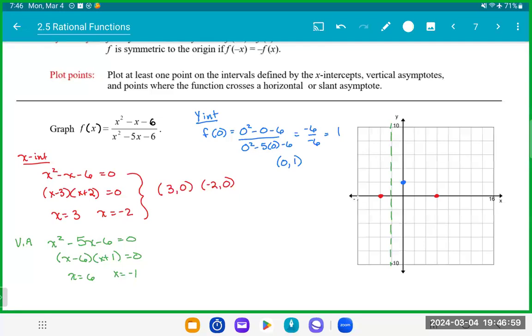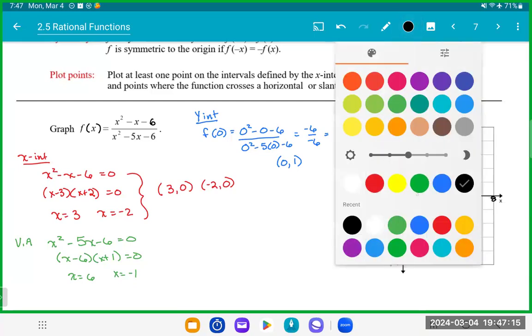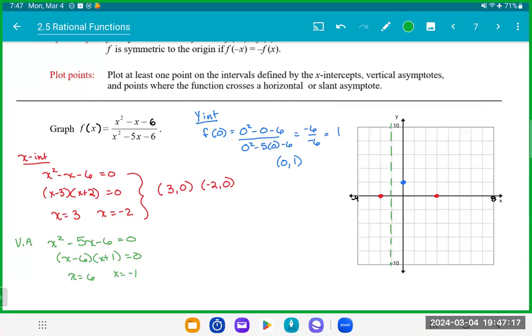So each of these lines were geared to be 2, but let's just call this an 8 and this a -4. Okay. Green. So our other asymptote is at +6. So 1, 2, 3, 4, 5, 6. Okay. So now we've put on our asymptotes.